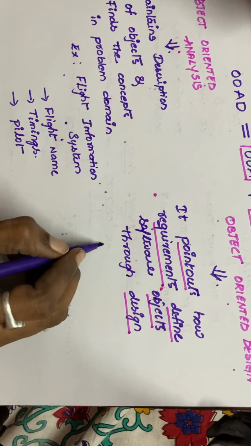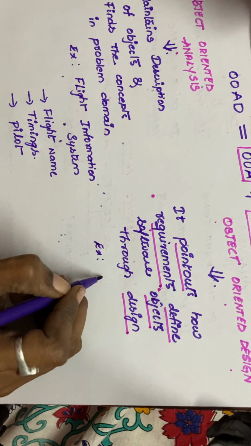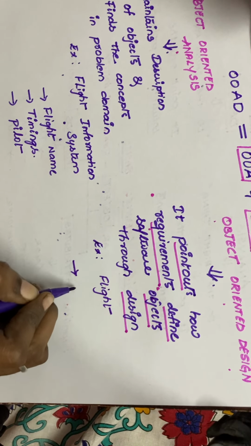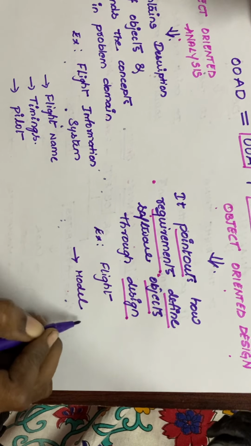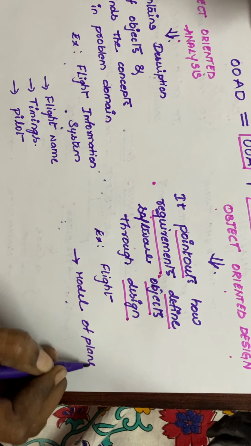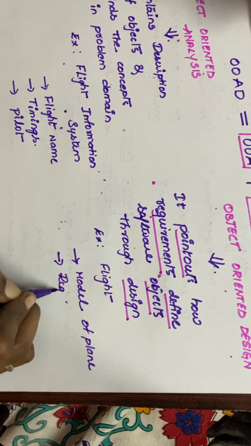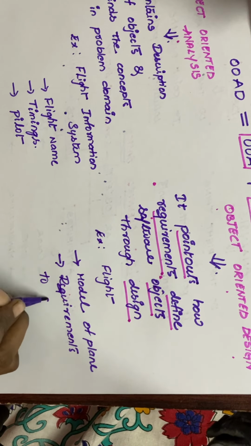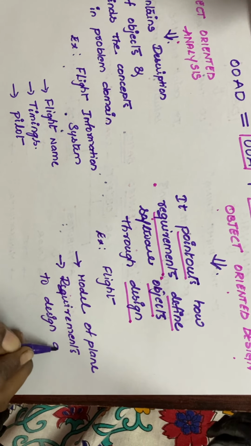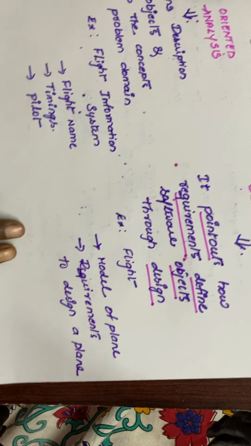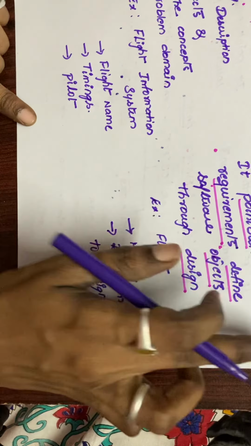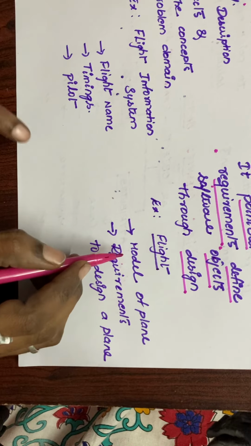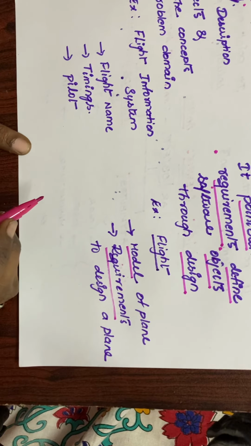For the same example through design, I'm going to take the flight: what is the model of the plane and what are the requirements to design a plane? All this comes under object oriented design. I take a flight, how I'm going to model that, and what are the necessary things to model a plane.